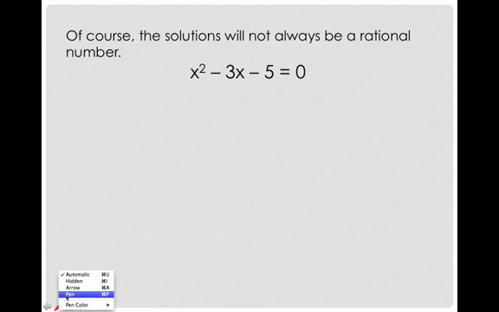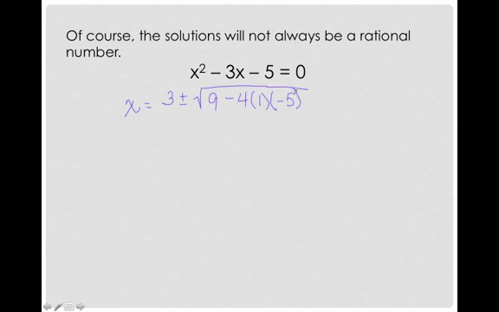In this case, I am going to have you use your calculator or make an estimation as to what that'll be. So, all right, here goes. The quadratic formula, x equals negative b, so that's going to be my 3, plus or minus the square root of b squared, which is going to be my 9, negative 3 squared, minus 4a, which is 1, c negative 5, all over 2a, and my a is 1, so 2 times 1.